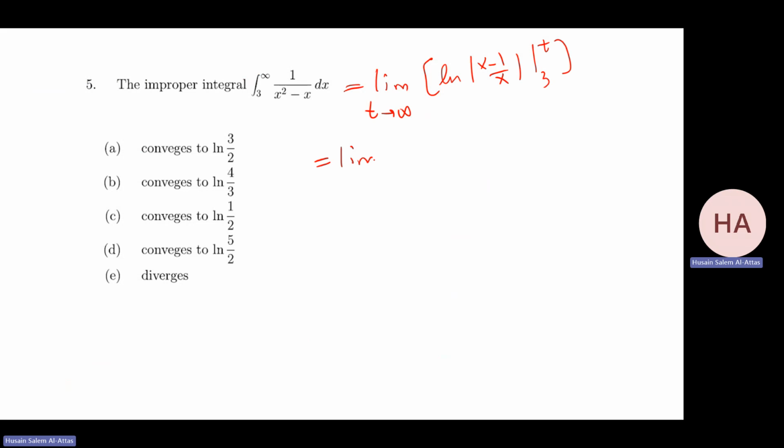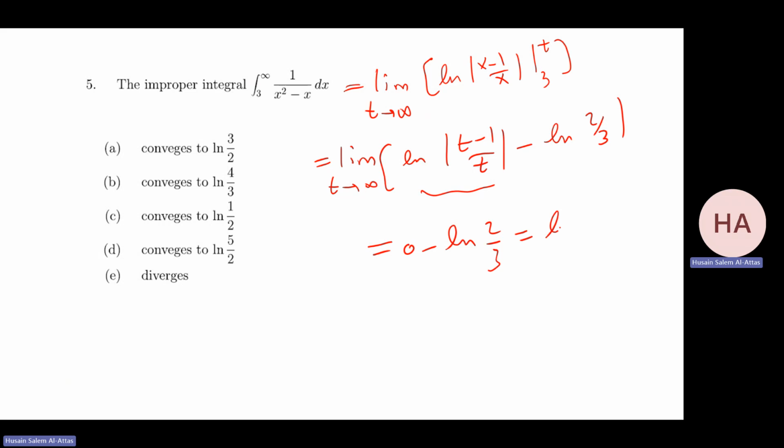That will be the limit as t goes to infinity of ln of (t minus 1) over t, minus ln of 2 over 3. This is 0. So it will be 0 minus ln 2 over 3, which is ln 3 over 2. That will be the answer.